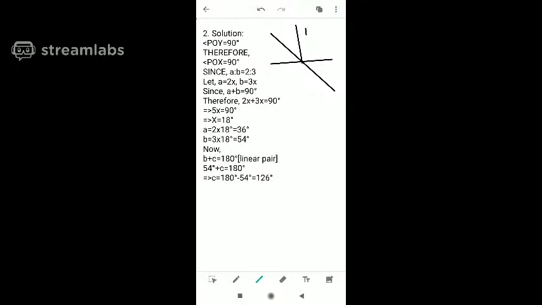So here this one is P, this one is Y, and this one is B, this one is A, this one is C. 90 degrees there, this is 90 degree, so this is the diagram.